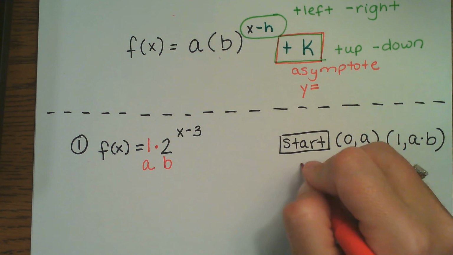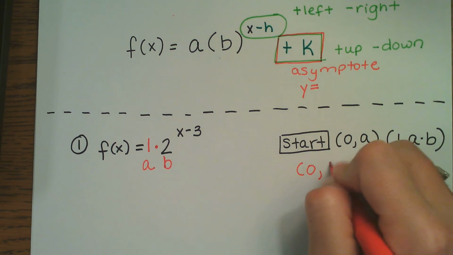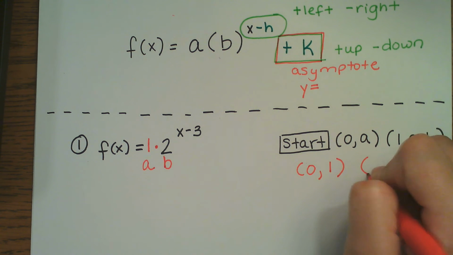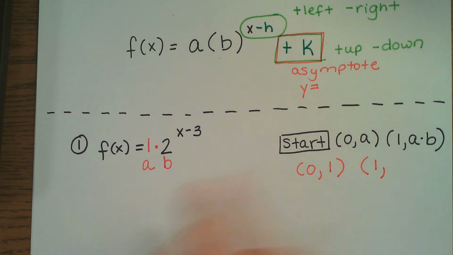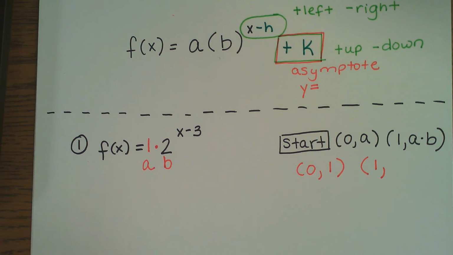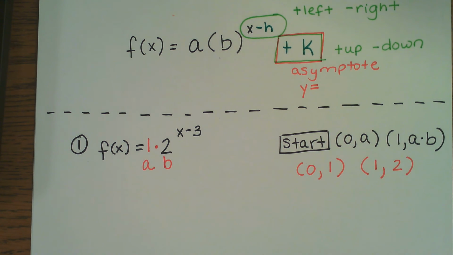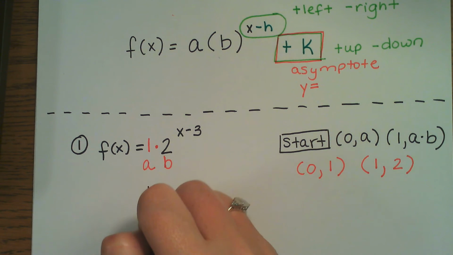So we'll use 0, comma, the 1, and 1, comma, I'll multiply a and b together. So 1 times 2 is 2. So we're going to actually kind of sketch a graph on our paper.